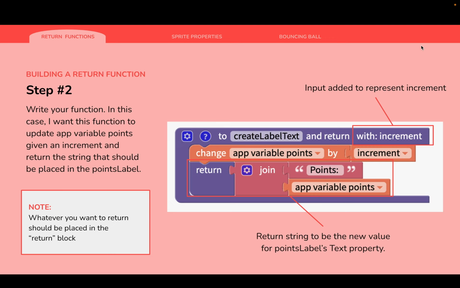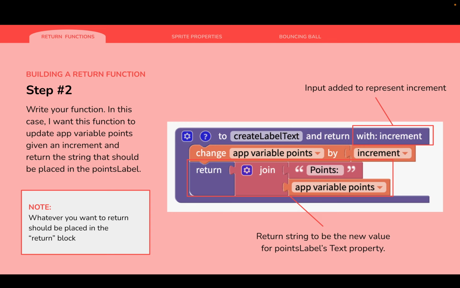So then in my next step here, I'm going to now write my function. I want this function to do two things. The first is to update global variable points and either increment or decrement it, and then return the string value that should be placed into the points label.